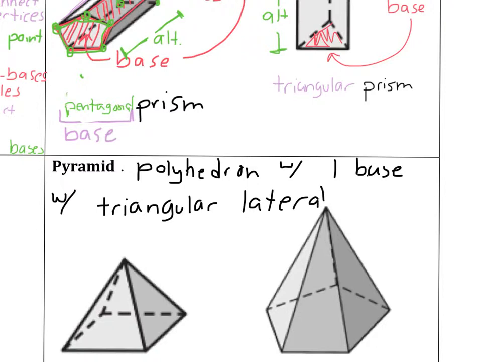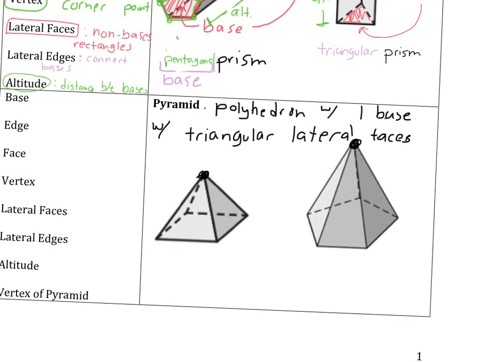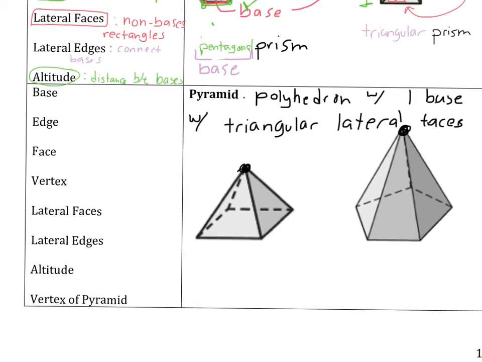Notice they're all triangles. And clearly, we see that all these triangles meet at one point. And because these pyramids are most commonly set upright like this, where the base is on the bottom, it doesn't always have to be like that. Just like a cone can be turned around, a pyramid can be on its side or something like that.